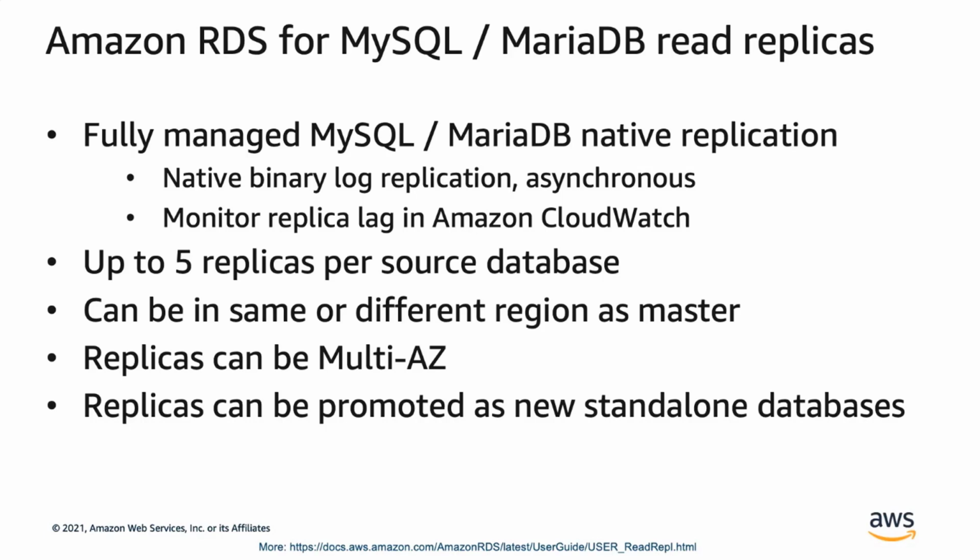It uses native binary log replication, which is asynchronous. That means you have some replication lag between your primary and a replica. So we also provide you capabilities to monitor replication lag in your CloudWatch metrics.